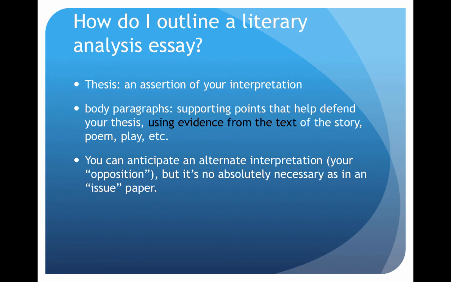In a literary analysis, you can anticipate an alternative interpretation, which you might call your opposition, but it's not absolutely necessary, as it is in more like an issue paper about whether we should legalize cannabis or something.